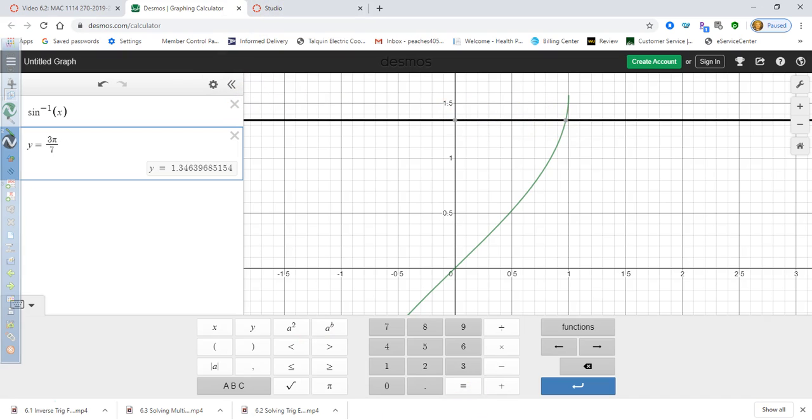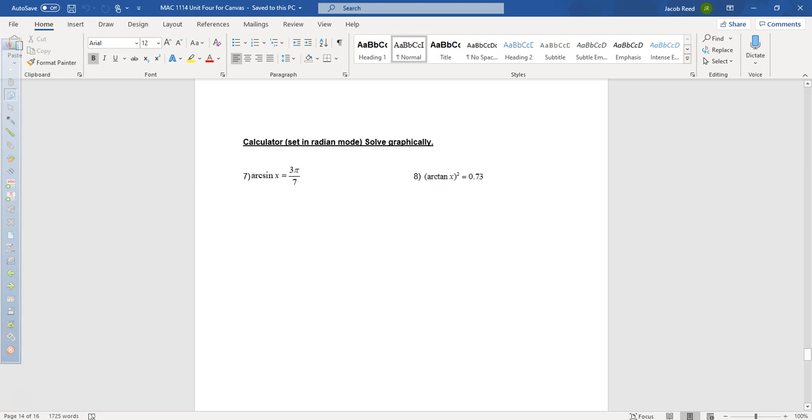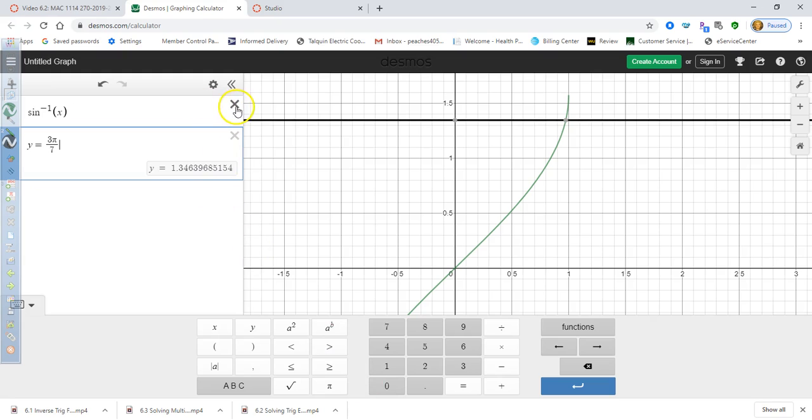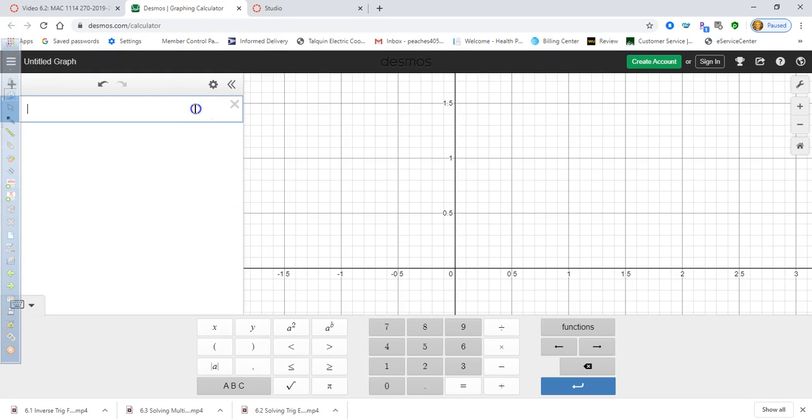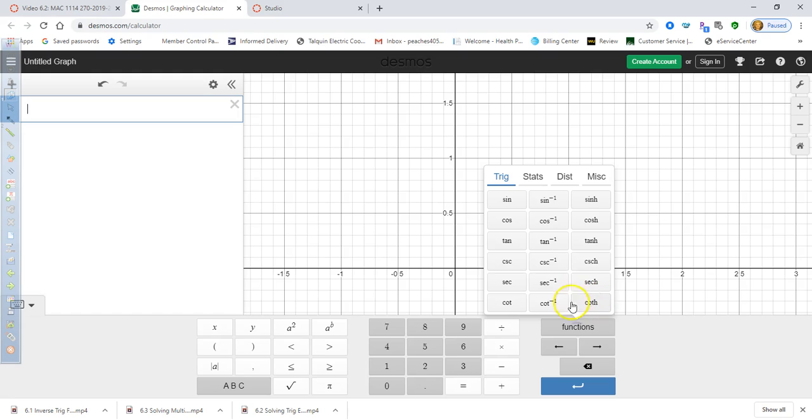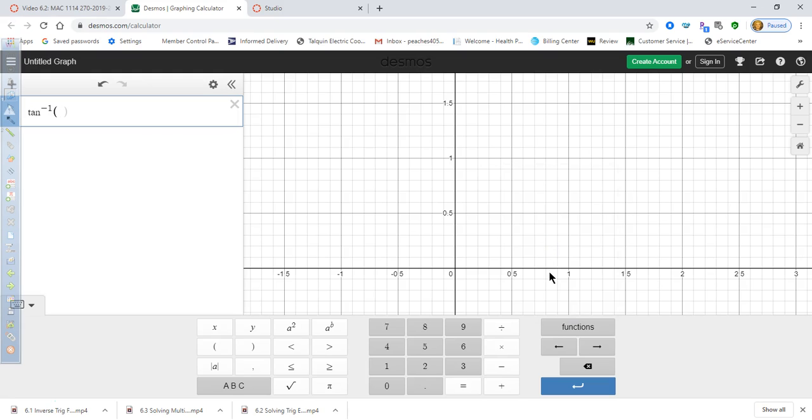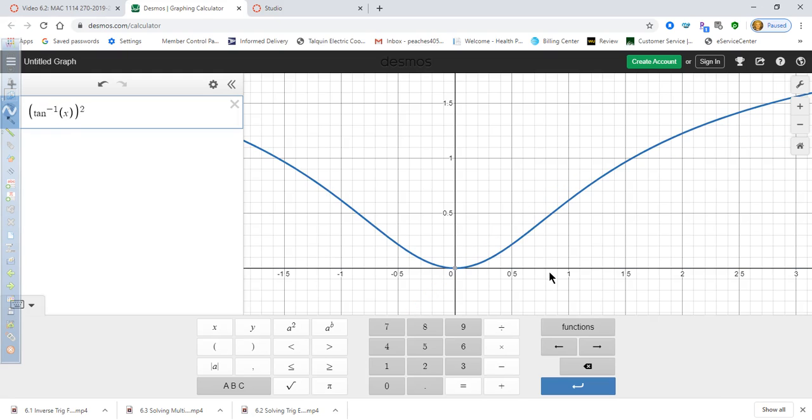And then let me look at the second question, which is arctan squared. So now I need the arctangent of x. And I'm going to put the whole thing in parentheses so that I can square it. Okay, so there's arctangent squared. That's what it looks like.